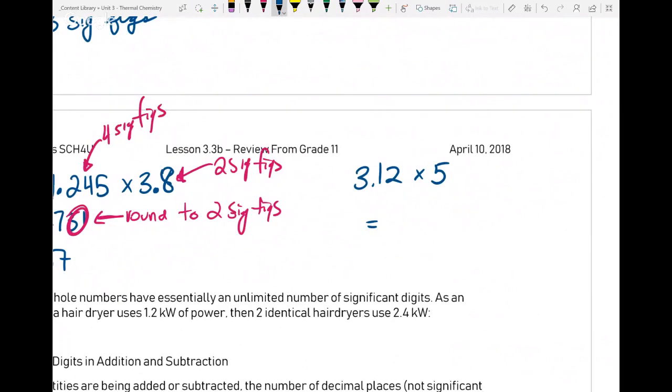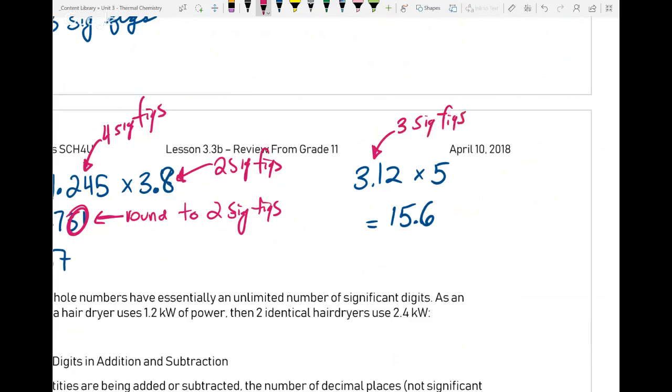And again, we can try this over here. This I should be able to do in my head, you would think. It should be 15.6, I think, but let me just try it. Yeah, 15.6. And this is one we've got to watch out for. Classic mistake. Yeah, it's 3.12, which is 3 sig figs.